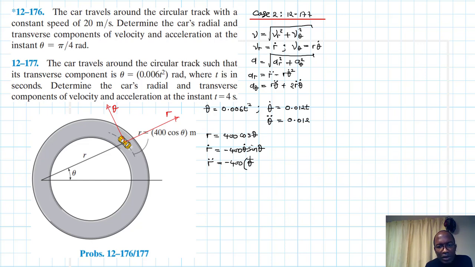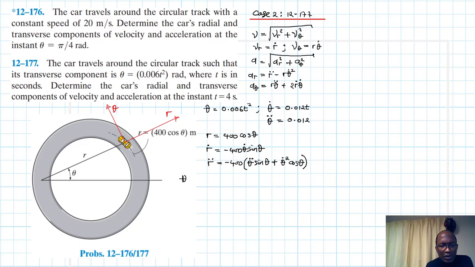So we have theta double dot sine theta plus theta dot squared cos theta. I think we've done everything we need to do. What we just need to do now is replace t, which is equal to 4 seconds, in our equations so that we find ar, a theta, vr, and v theta.